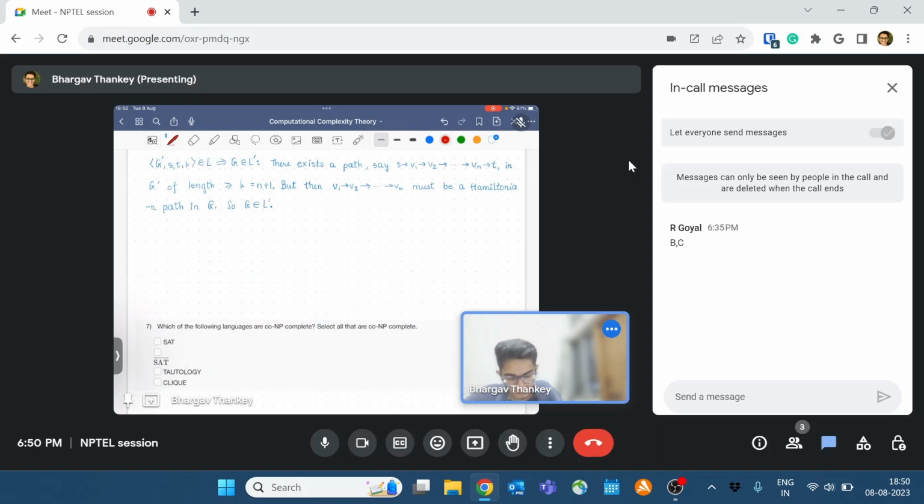So when we say that A reduces to B in polynomial time, what's the definition of this?